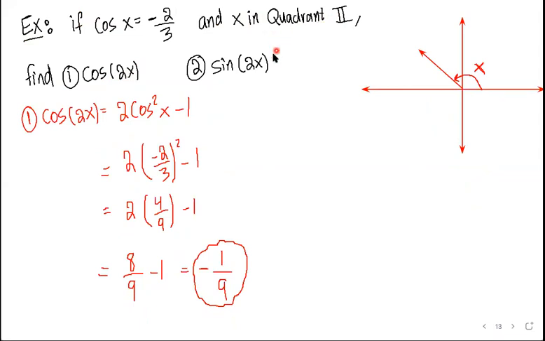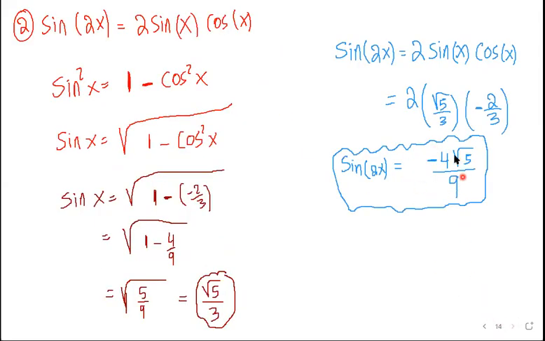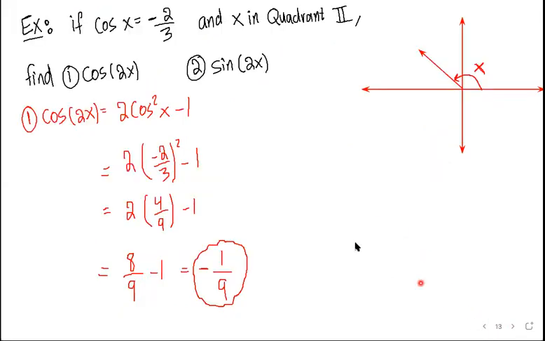But the sine of 2x may be positive, may be negative. It's not depending on the sign. The same thing for the cosine. The cosine of x must be negative in the second quadrant, but the cosine of 2x may be positive or negative. It's not depending on the quadrant.